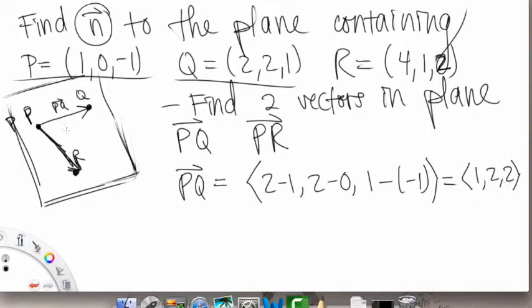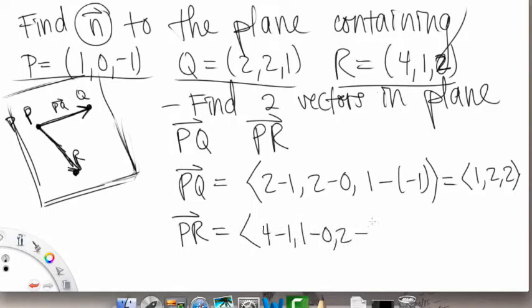Those are the components of our new vector, PQ. We found one, so now let's find the other one. For PR we do the same thing, but this time our endpoint is R, so we take those components minus the components of P. That's 4 minus 1, 1 minus 0, and 2 minus a negative 1. So PR is 3, 1, 3.